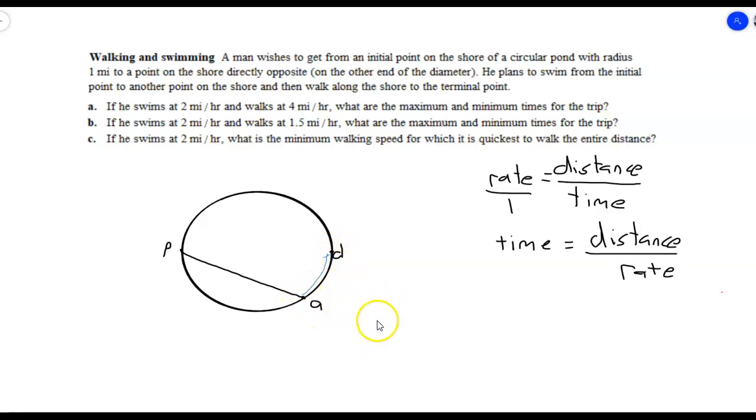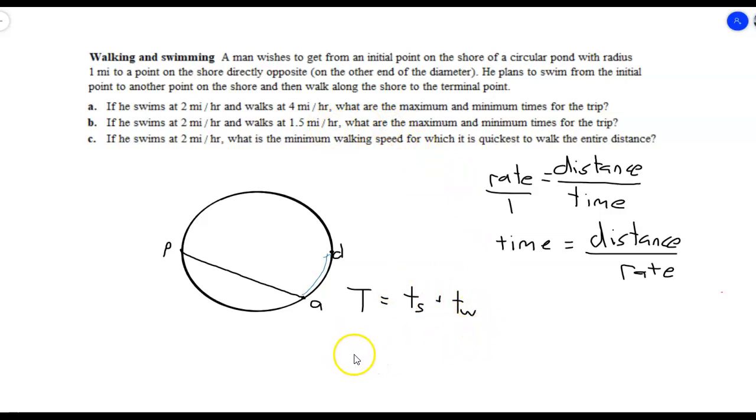All right, so we're going to have something that looks like this. We're going to have the objective function. Let's call the objective function capital T for time. So this is the time that he goes around, and that's going to be equal to the time it takes for swimming, little s, plus the time that it takes for him to do the walking, which we'll call w.